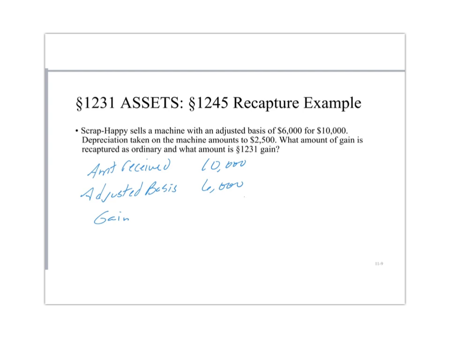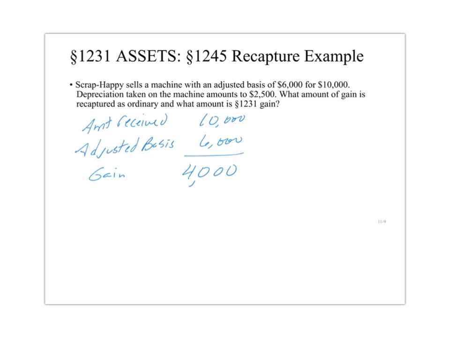So we've got gain of $4,000. All right. Is this gain larger than our amount of depreciation taken? And the answer is yes. That is larger than our $2,500 of depreciation.